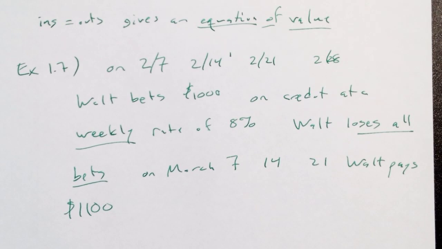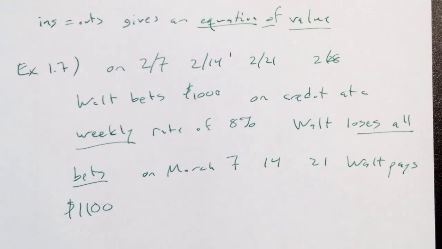Does Walt still owe money at the end of March 21st? He borrowed $4,000, right? He paid 4 bets worth 1,000 each. He's only paid back 3,300.